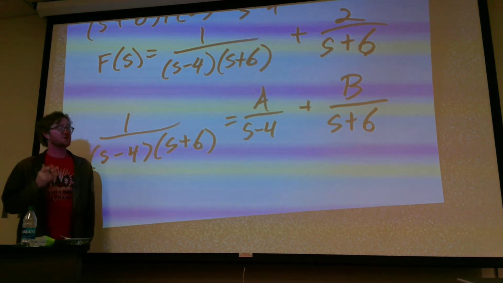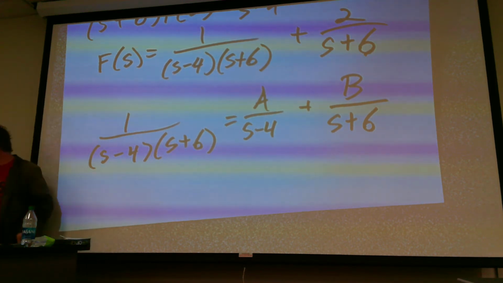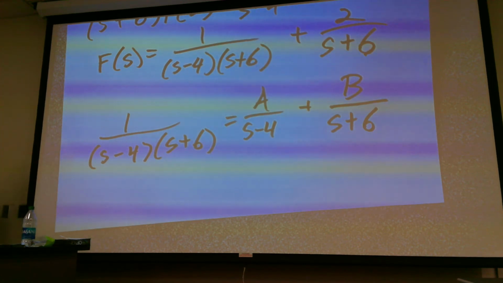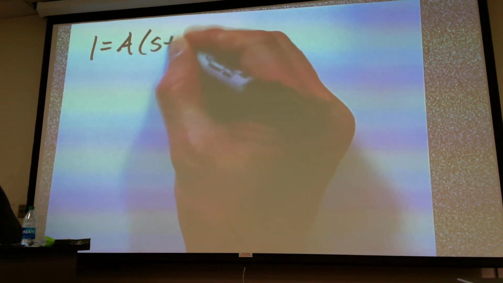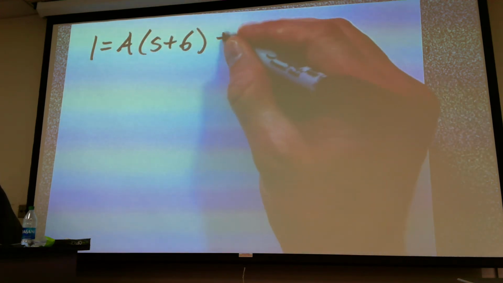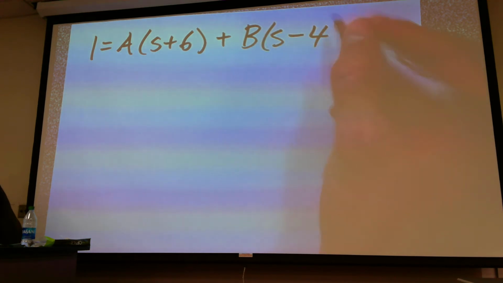Okay. So now we need to multiply both sides of the problem by s minus 4 times s plus 6. Okay. So 1 is going to equal A times s plus 6 plus B times s minus 4.